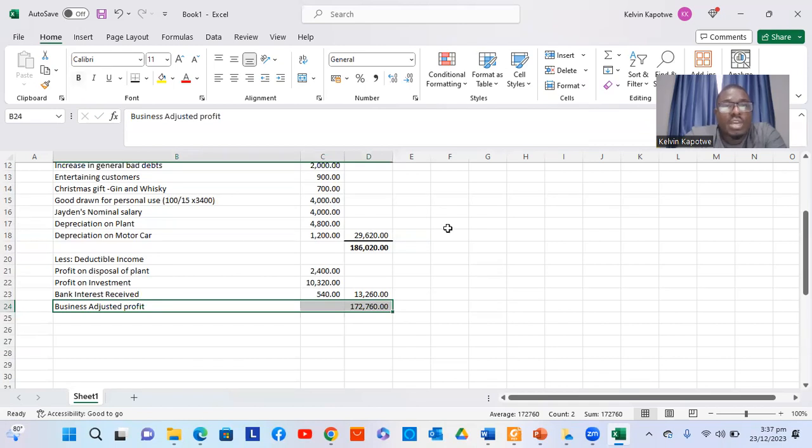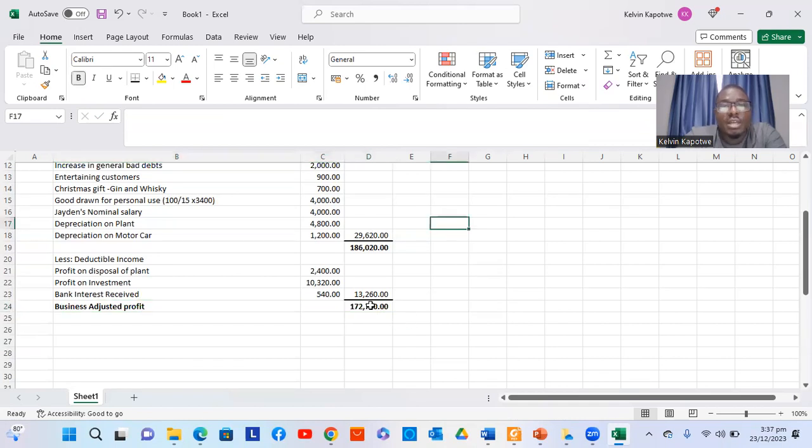This is where now we are going to charge our tax. So that is the profit where we have to charge tax and not the 156,400. The 156,400 was an accounting profit. Now this is the taxable profit. This is a profit where we must hammer our tax on.